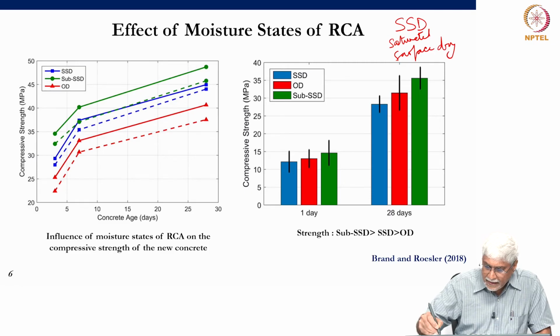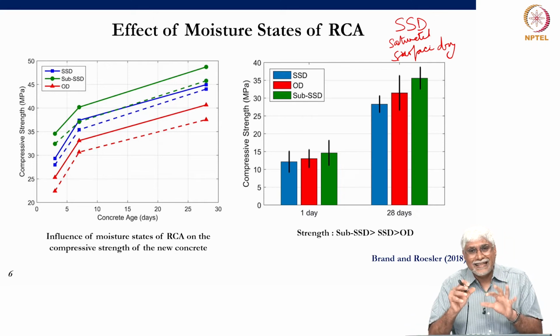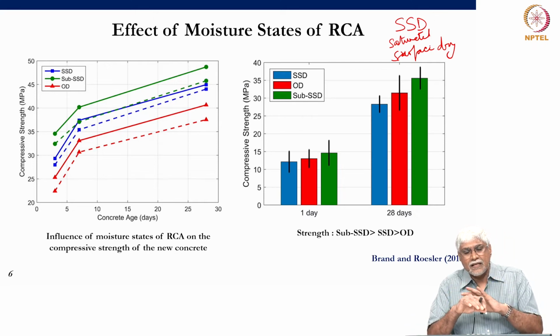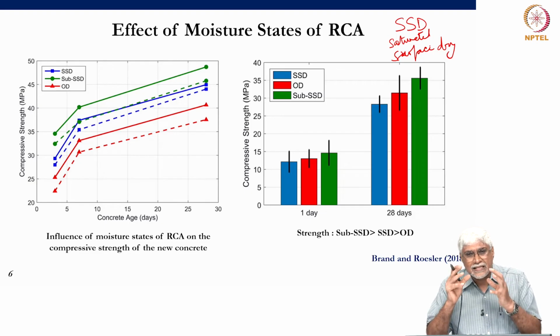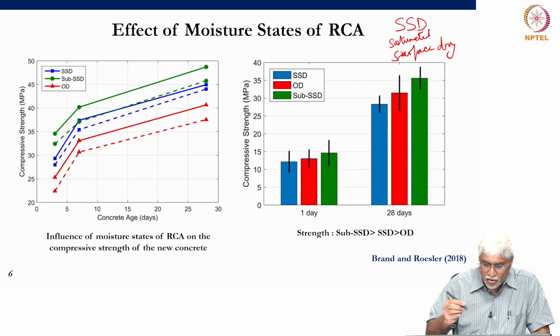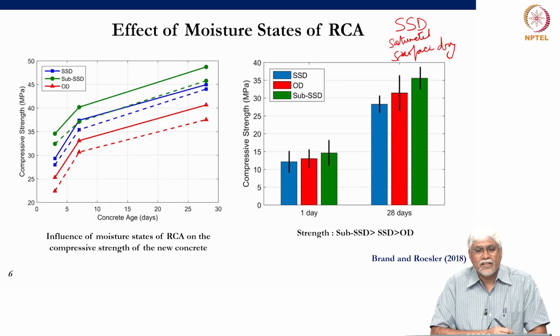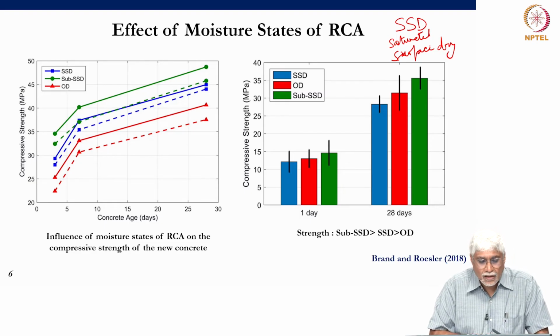That is that we have saturated the aggregate until the surface is dry. That is, the inside is saturated, but outside you don't have extra water. So that is called SSD, and this is the condition that we usually design a concrete mix for.